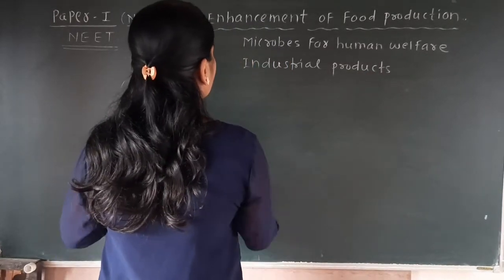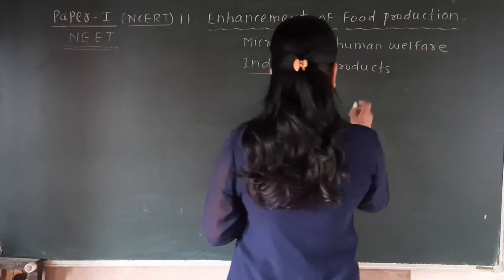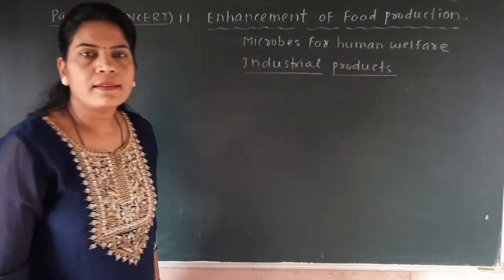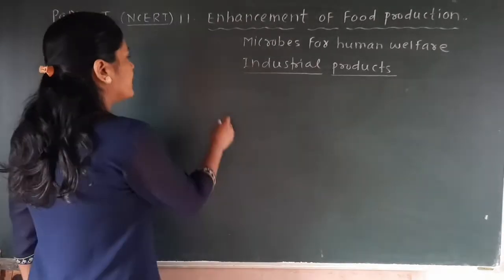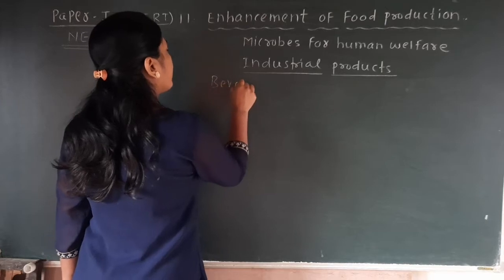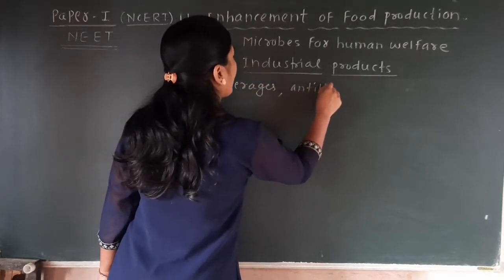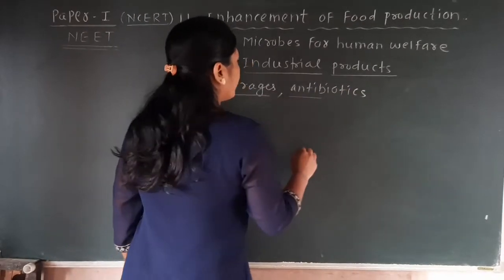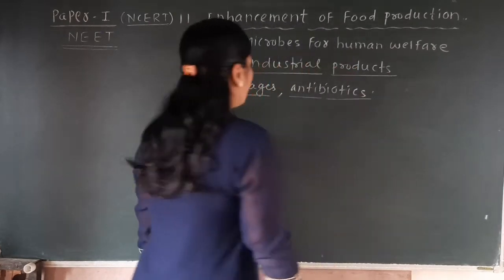Second point is industrial products. And here only two products are given in NCERT. One is called beverages and the second one is called antibiotics.